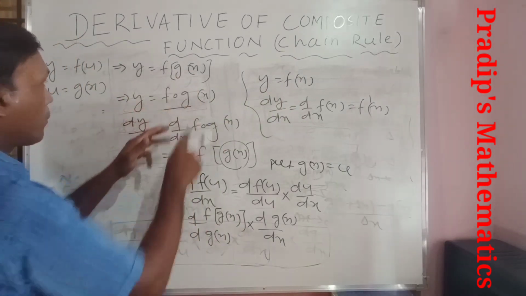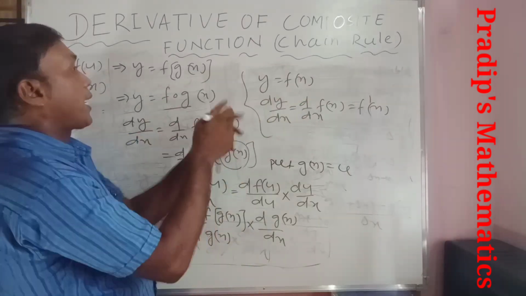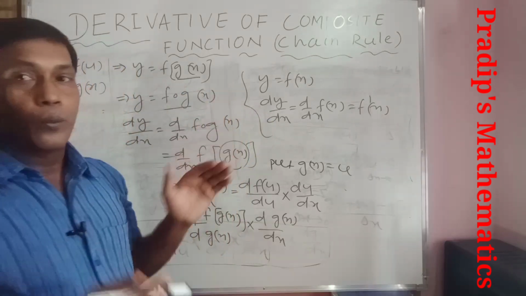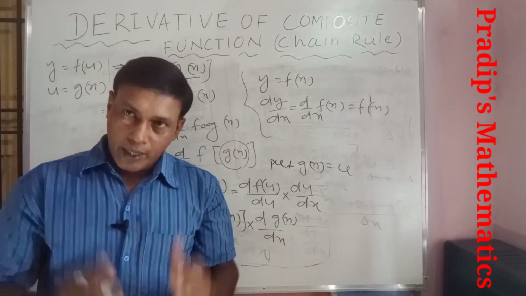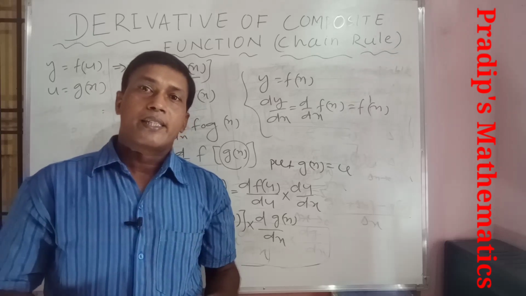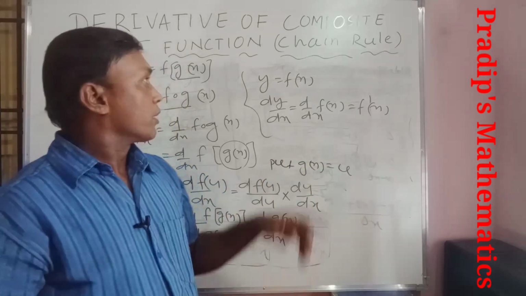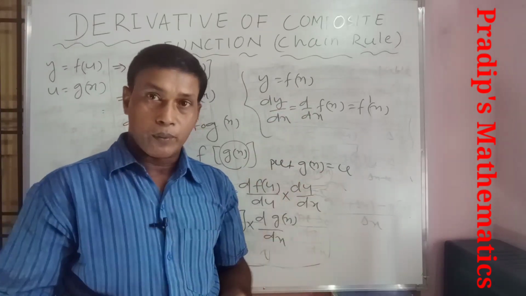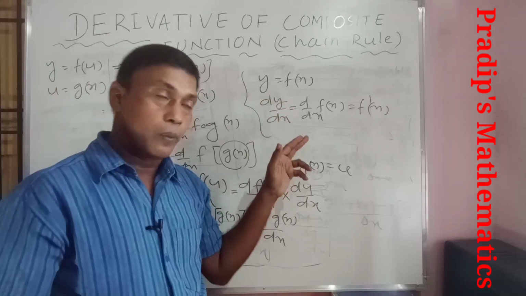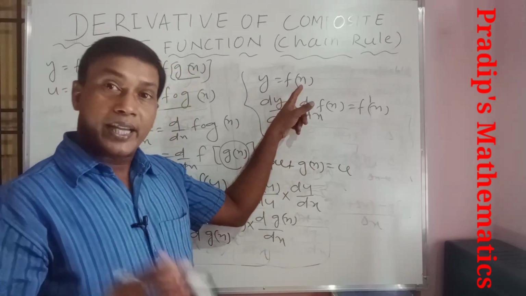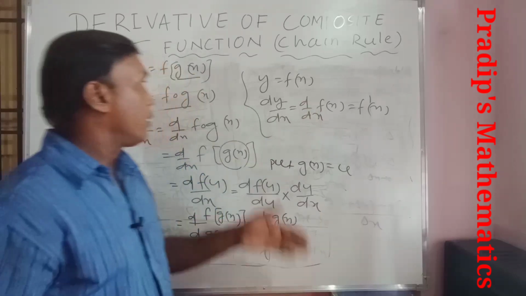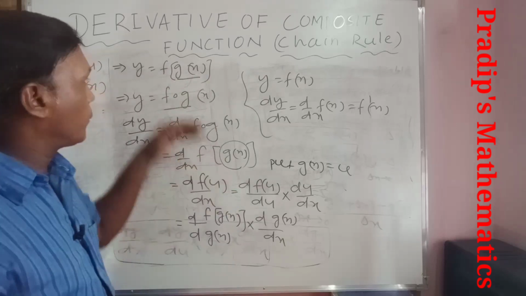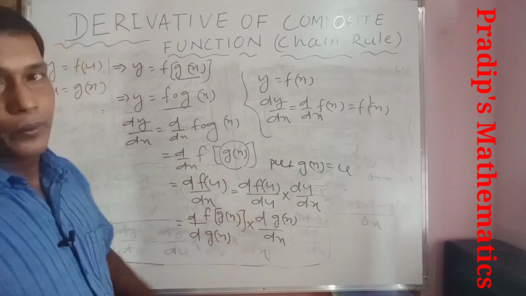In case of a composition function, x is replaced by another function g of x. Actually, this is the place where we can apply chain rule. Chain rule is applied when x is replaced by another function. If y is equal to f of x, there is no necessity of applying chain rule, but chain rule can be applied only when the independent variable x is replaced by another function, like y is equal to f of g of x. Here x is replaced by g of x, so we have to apply chain rule.